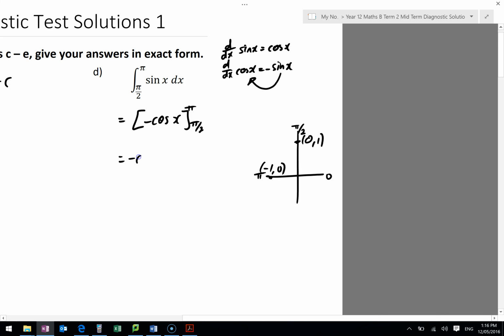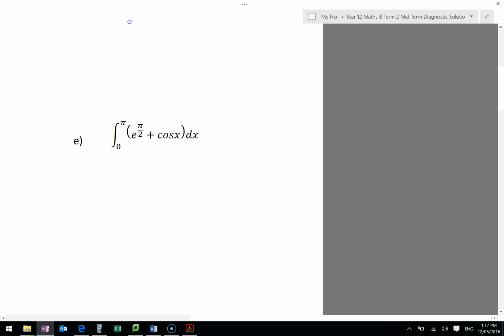So when I sub these points in, minus cosine of pi minus cosine of pi on 2. Okay, so minus cosine of pi is the x-coordinate here, so minus 1, minus 0. Okay, cosine of these angles are just the x-coordinates of the point on the unit circle. Okay, positive 1, exact value.